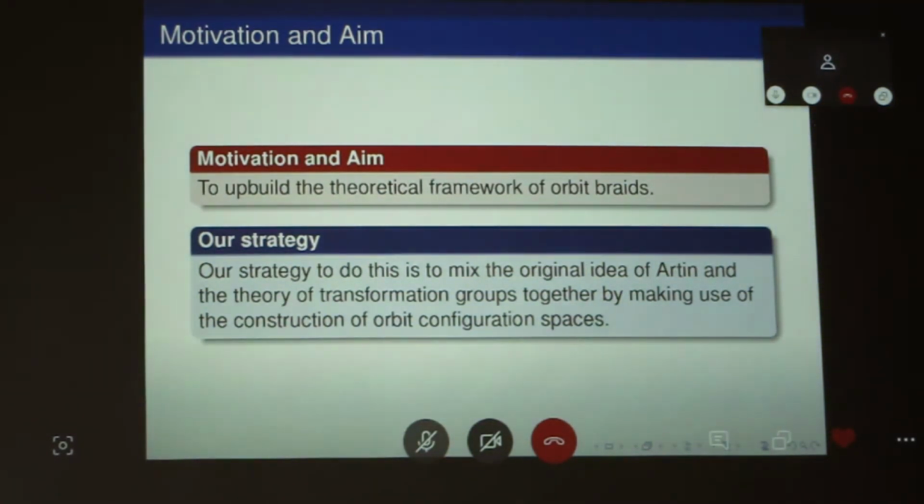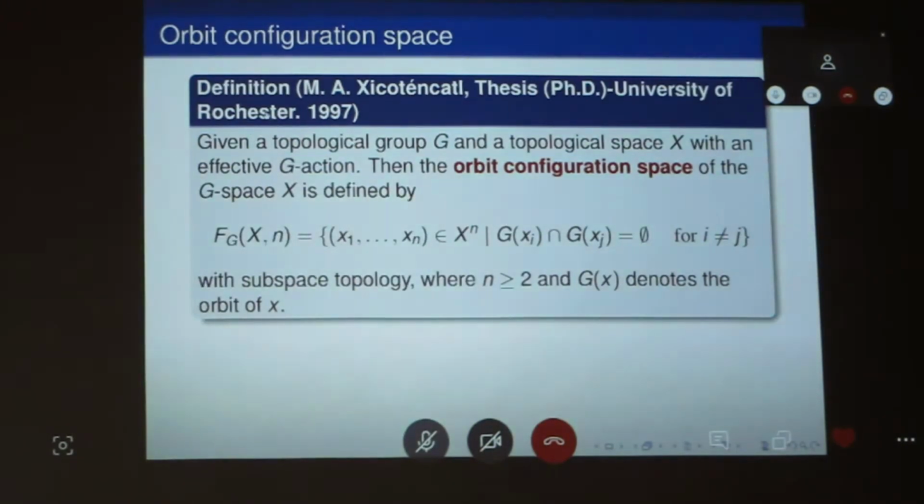In the following, I just give this definition. This definition was first given by Xicoténcatl in his thesis. Here we need a G-space with an effective G action. And then the configuration space is defined as follows.